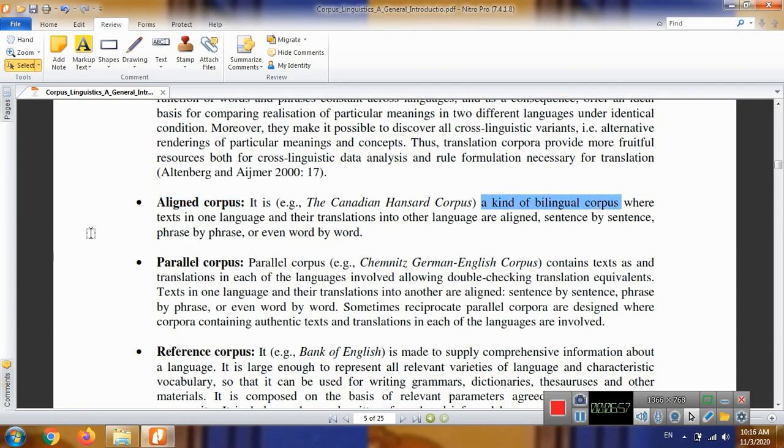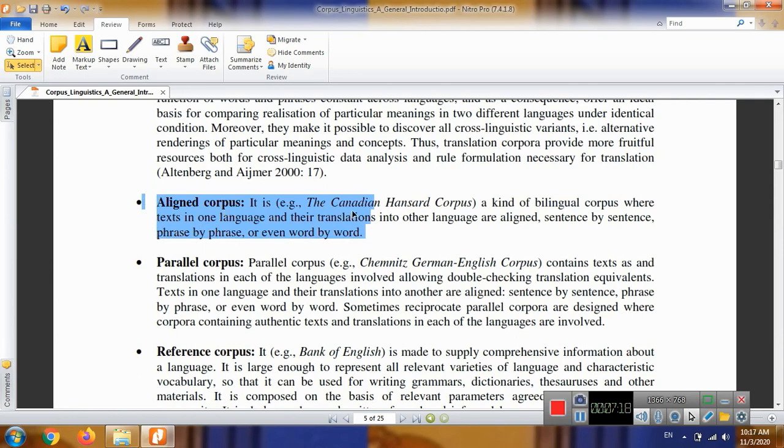Here we are dealing with a bilingual corpus where texts in one language and their translations into the other language are aligned, sentence by sentence, phrase by phrase, or even word by word. These are the features of aligned corpus.